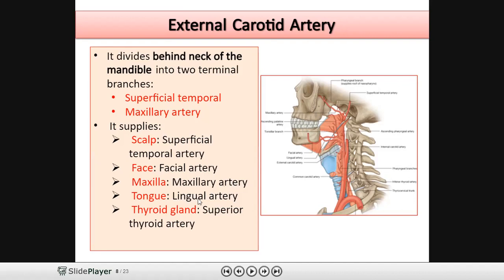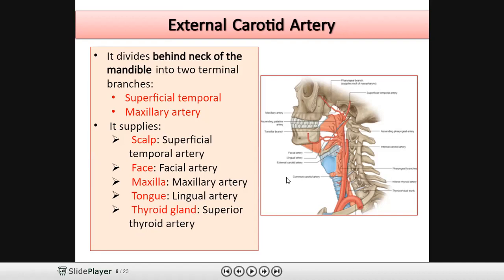And then we have the lingual artery, which is going to supply the tongue. So here you find the lingual artery, this branch here, going to supply the tongue. And then we also have the superior thyroid artery. That superior thyroid artery is going to supply the thyroid gland, as the name implies.